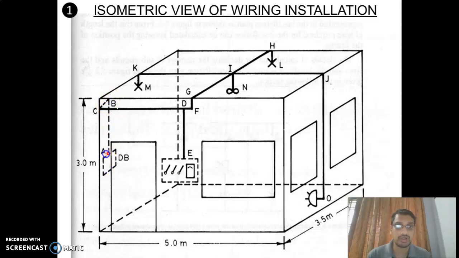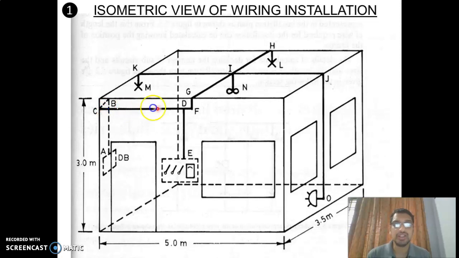The DB is placed 1.5 meter from the floor level, and B is positioned at 2.5 meter, that is the batten height. So AB is equal to 2.5 minus 1.5, that is 1 meter, and we assumed BC is 0.3 or 0.2.